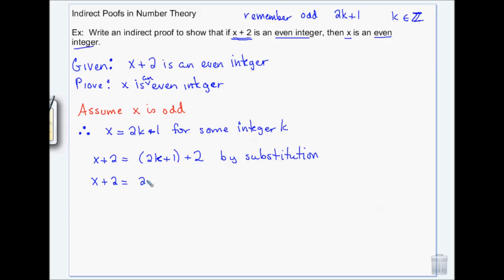Well, addition is commutative, so I can switch their order. I can move the 2 and the 1. And then I can factor out a 2.